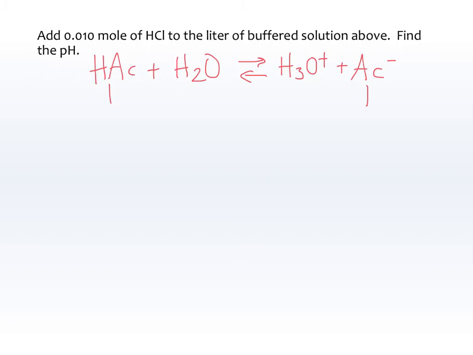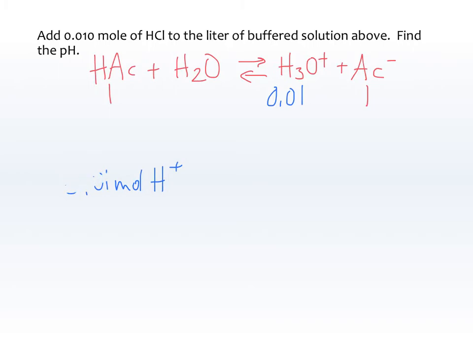And now we're going to add in 0.01 moles of HCl. Remember that 0.01 moles of HCl is really the same thing as 0.01 moles of H+. So my initial numbers have the 1 HAc, the 1 Ac minus, but now also the 0.01 of H3O+.